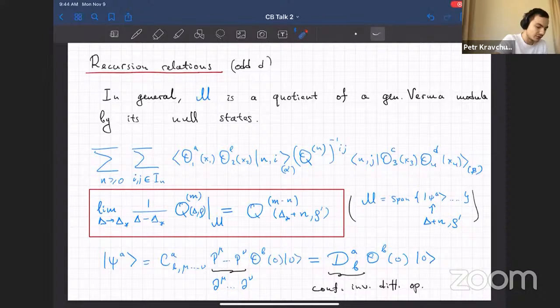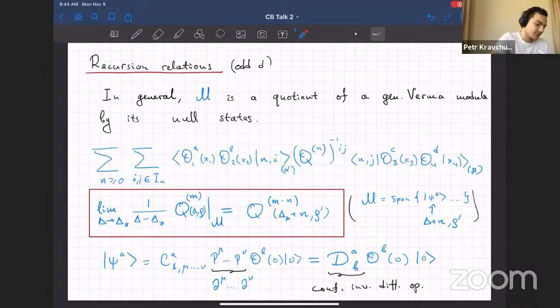So it will have the level shifted, and it will have quantum numbers which correspond to psi. So it will have delta star plus n, and it will have this rho prime, where delta star plus n and rho prime are the quantum numbers of this psi which generates this module.